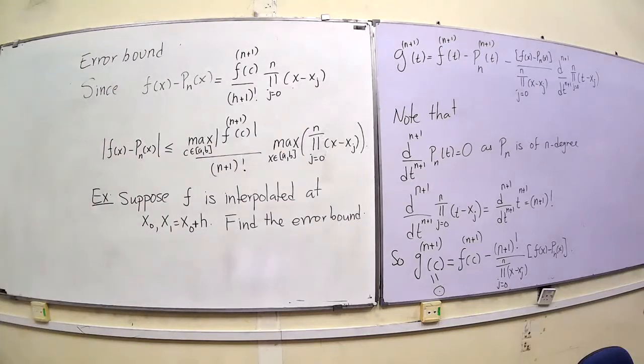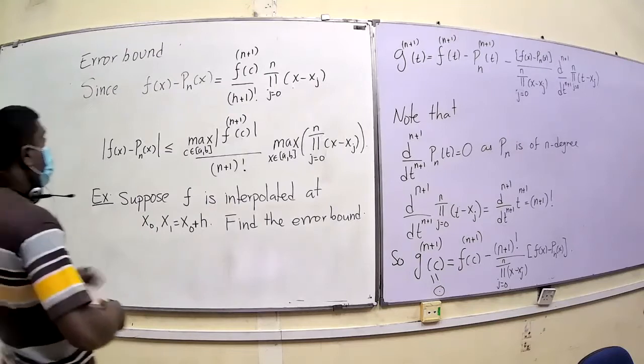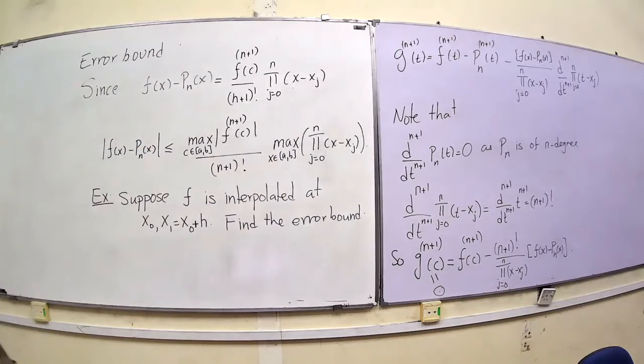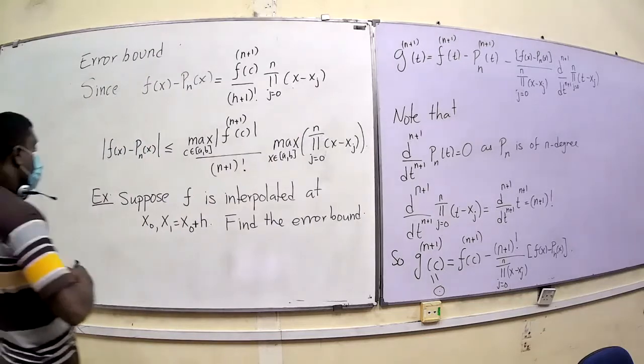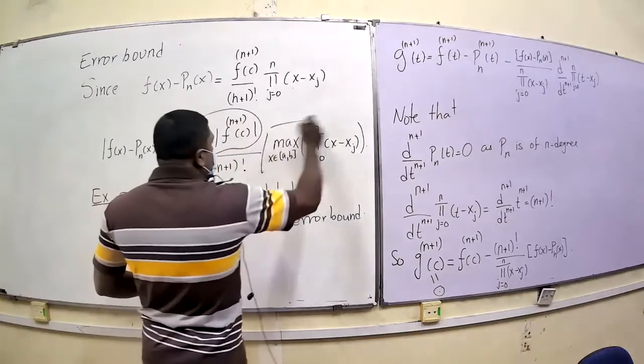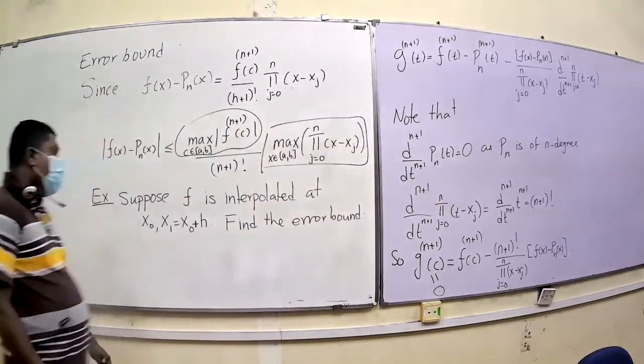Here we name that x1 is equal to x0 plus h. The question is, find an error bound for this interpolation. So you have to find these bounds, right? Since f is unknown, this you cannot find, so the only thing you have to find is this, right?